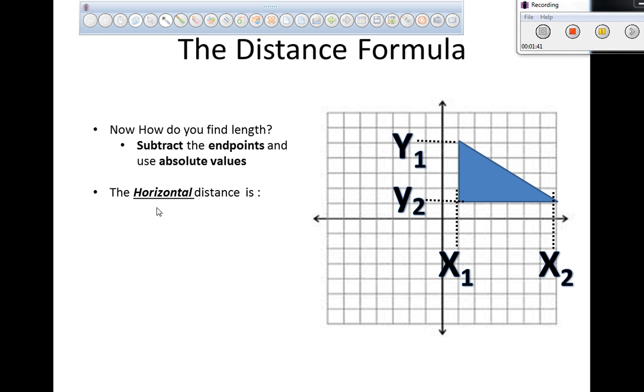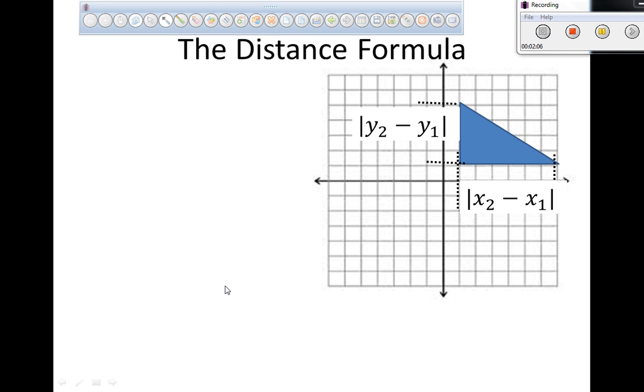It really doesn't matter if it's x2 minus x1 or x1 minus x2, because you're taking the absolute value of it, and you would end up with the same answer. Same thing with the y's. It doesn't matter which way you subtract, but you would take the absolute value. So again, it's the change in y and the change in x.